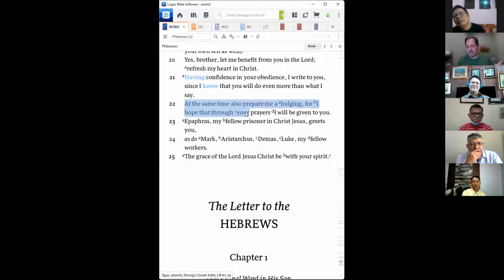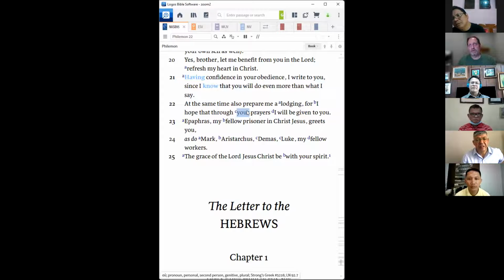Now in Greek, it's obvious just because the word your is different when it's singular or plural. The second person plural is spelled differently. It's a different word in Greek than in the singular. It's just that this is an English translation problem. So I'm just bringing this up as an example.